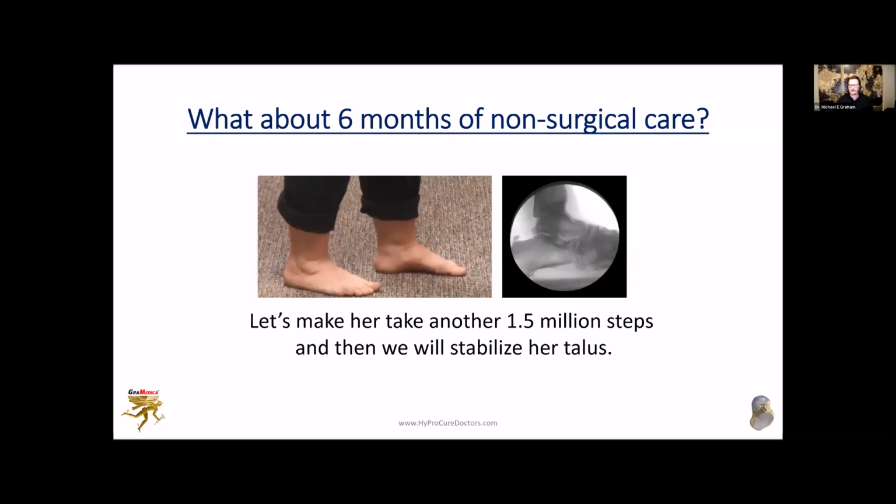Once you put HyProCure into that foot, it doesn't matter what kind of shoe they're wearing or what kind of activity they're doing, the strain on the posterior tibial tendon is being decreased. In that 6-month period, this patient will take approximately another 1.5 million steps. So that doesn't make any sense.